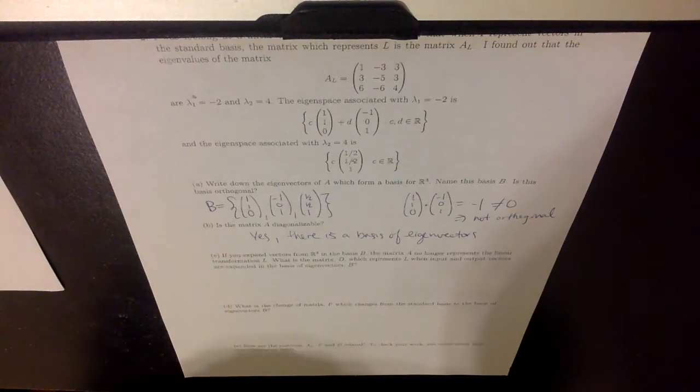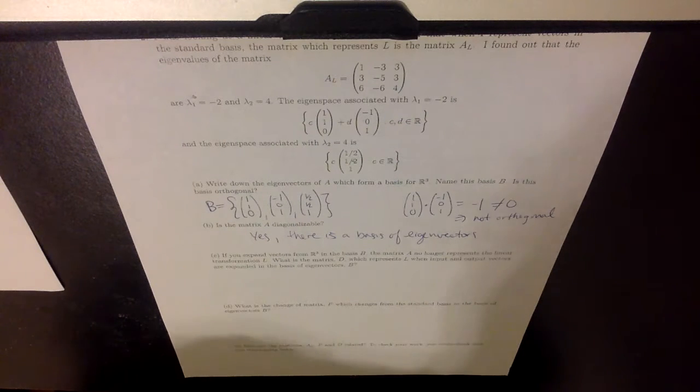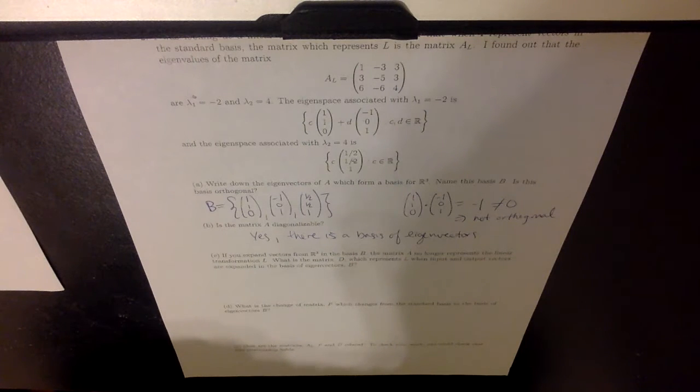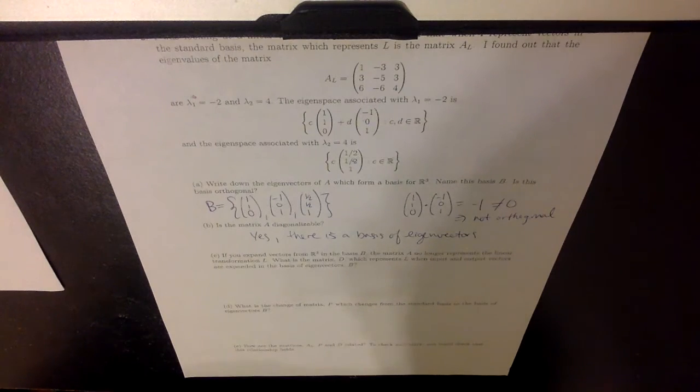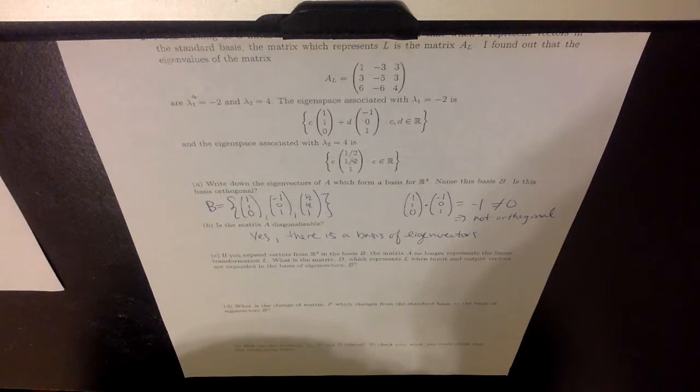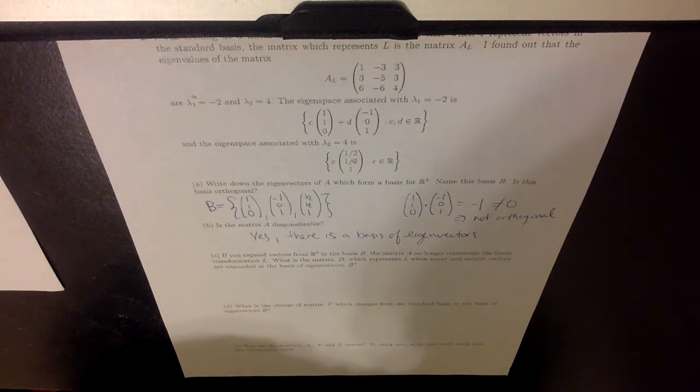If you expand vectors from R3 in the basis B, the matrix A no longer represents the linear transformation L. What is the matrix D which represents L when input and output vectors are expanded in the basis of eigenvectors B? Okay, so on Wednesday, most of what we talked about was this idea that when we switch from representing our vectors in the standard basis to representing them in a basis of eigenvectors, our linear transformation goes from being represented by a matrix that has no nice structure to being a matrix that's diagonal.